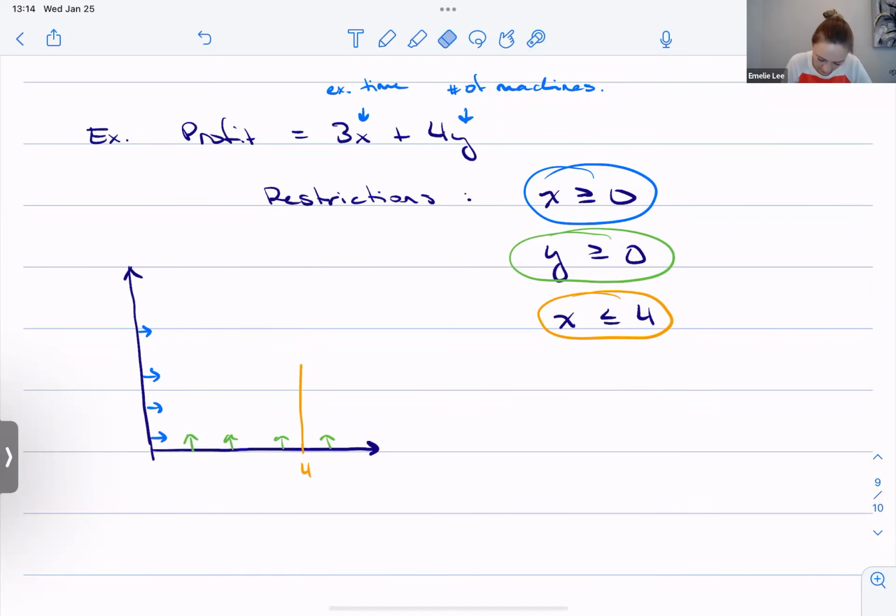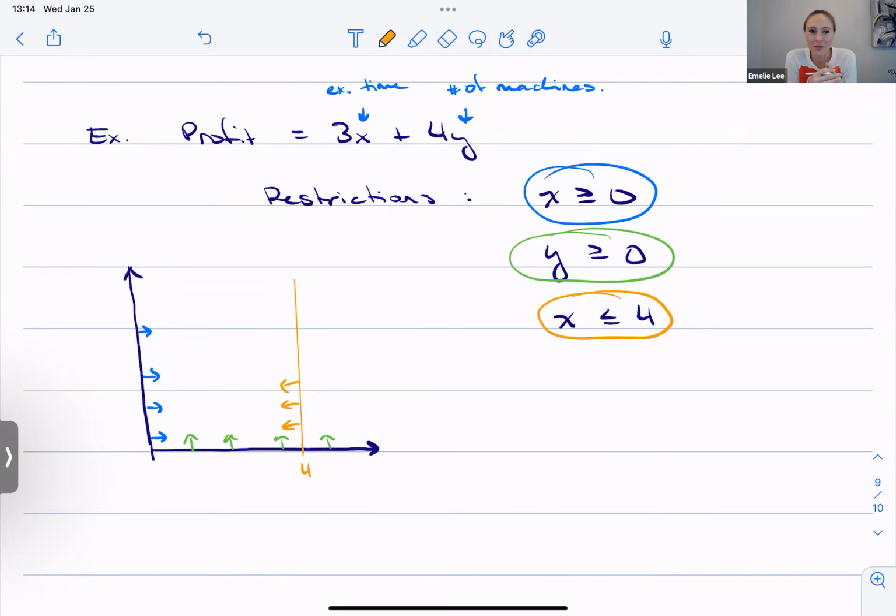I'll make it straight. So sloppy there. So X has to be less than or equal to 4. I only have 4 hours to spend, or I only have 4 people working for me, which means I'm restricted to this area of X. So X has to be between 0 and 4 is what this is saying.